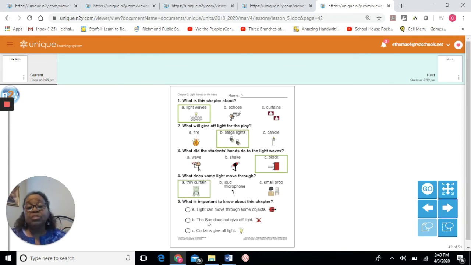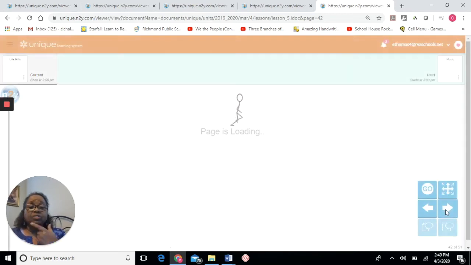So B is also wrong. And the only thing we're left with is A. What is important to know about this chapter? A, light can move through some objects. Excellent. We got a green circle. We made the correct answer. Well, that was wonderful. Let's look at some of the other questions and how we can answer those.